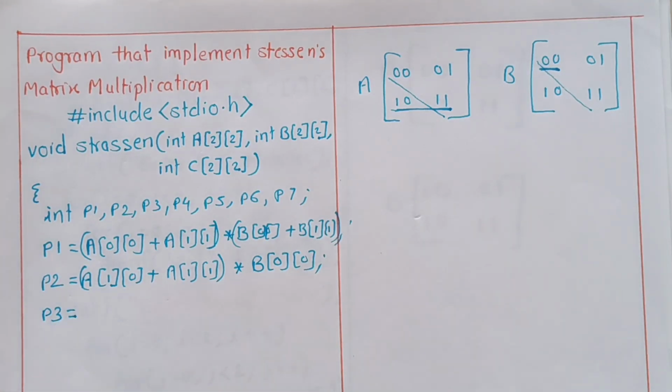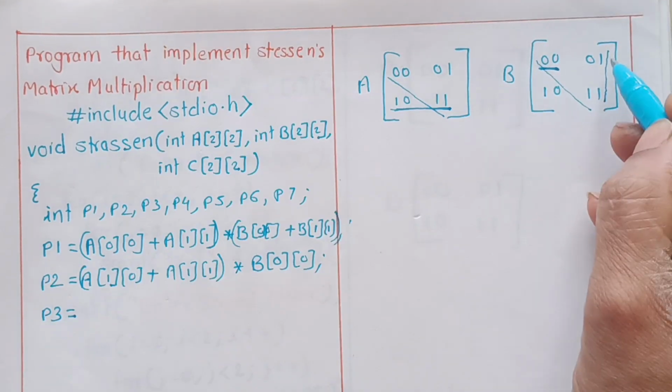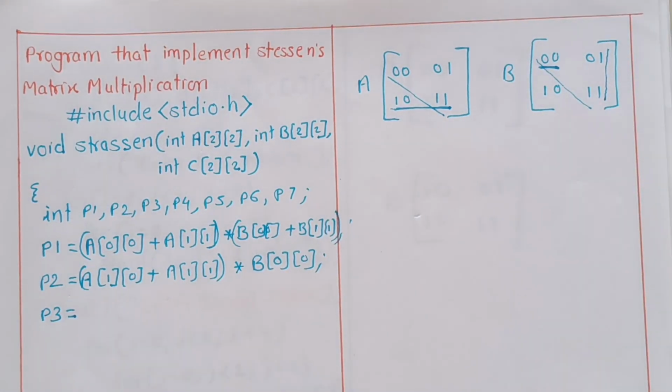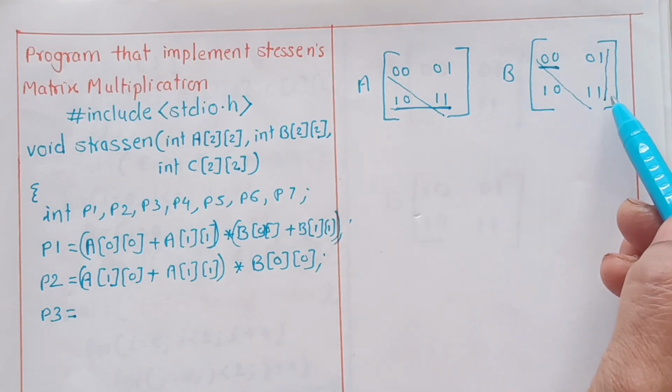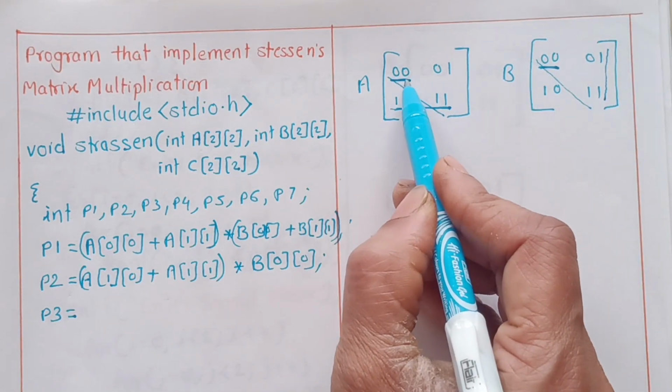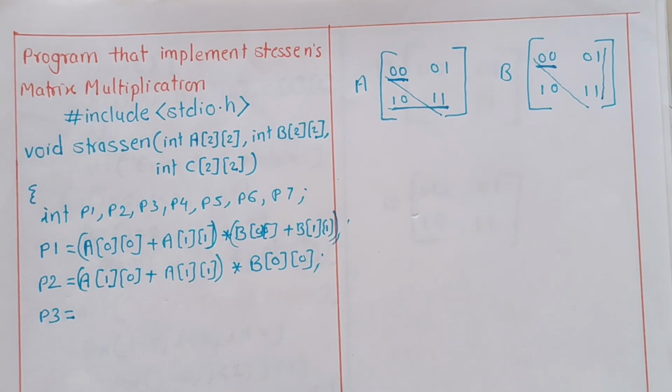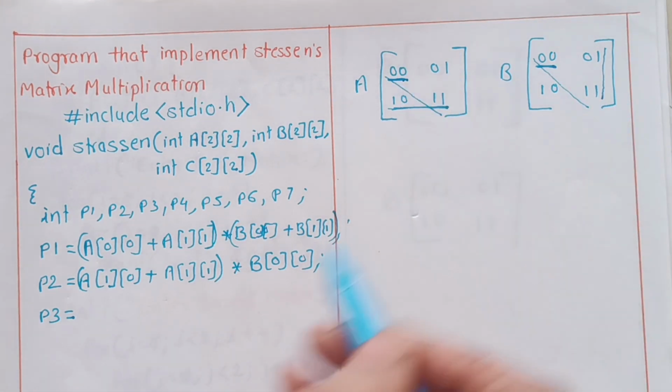P3 is what? Same as this. So the second column or right column of the second matrix into what? The first element of the first matrix. So you can take both anyway here.